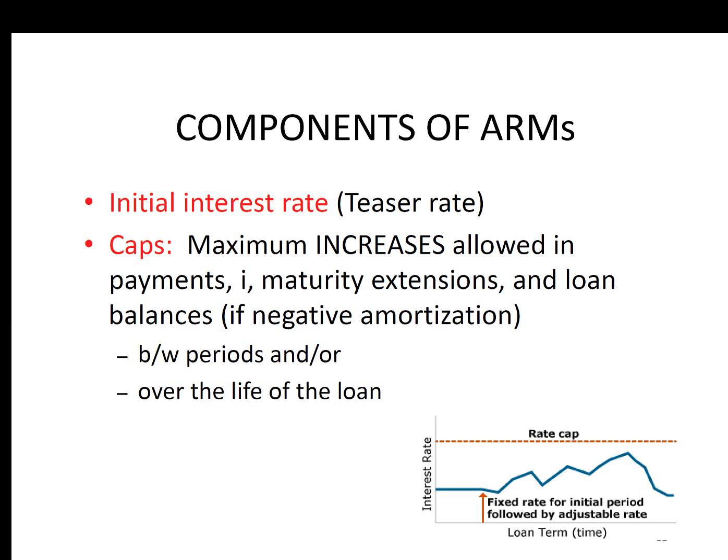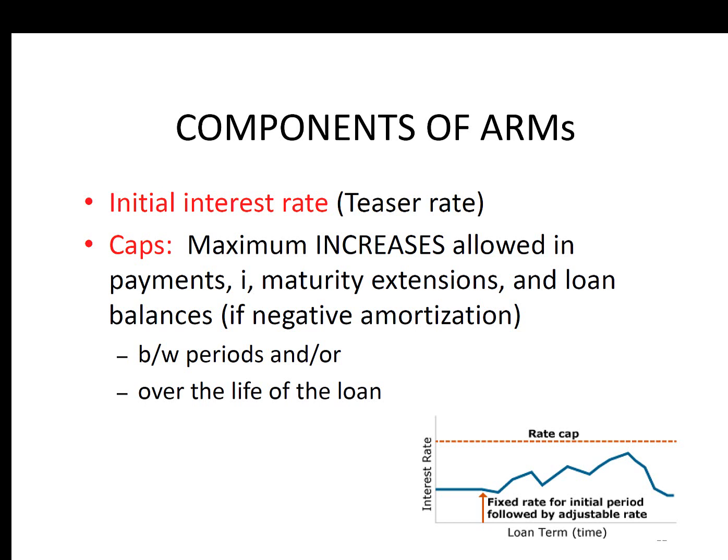However, there is a limit on the interest rate adjustment. Caps specify the maximum increase allowed in the payment, interest, or maturity extensions of the loan balances if there is negative amortization.